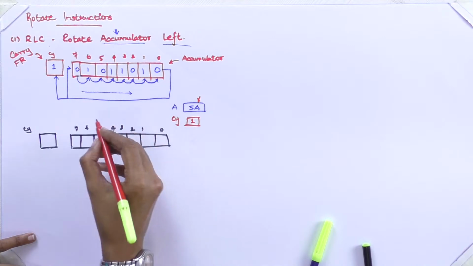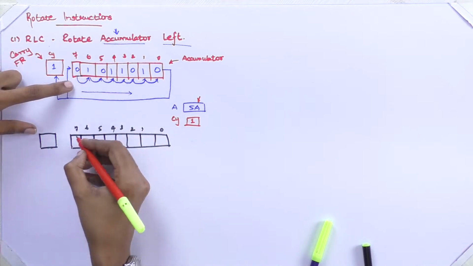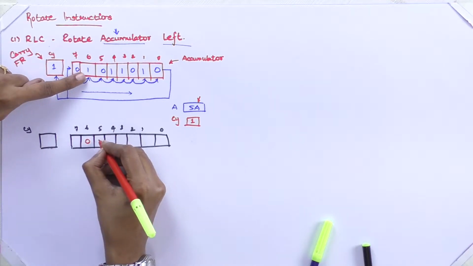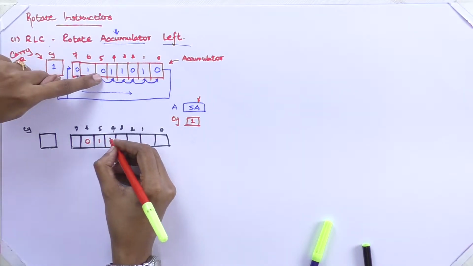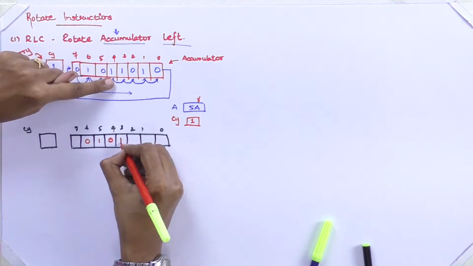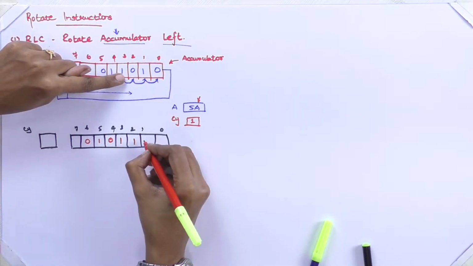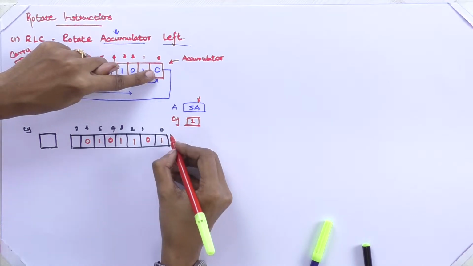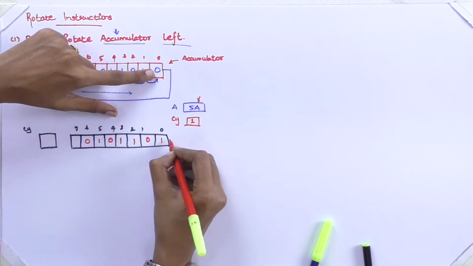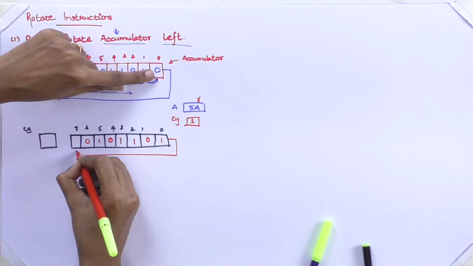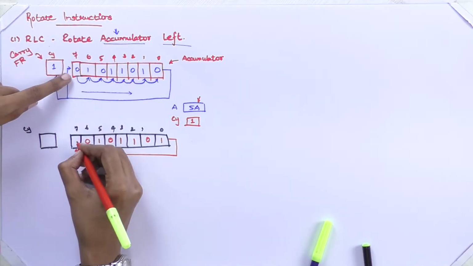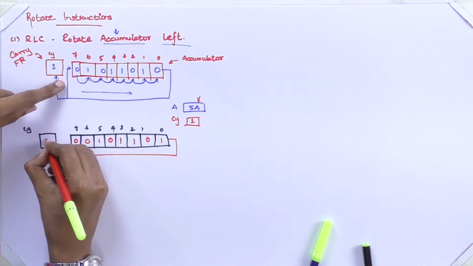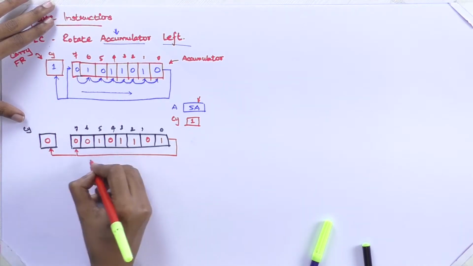After executing, what will happen? The value 0 here will be shifted to 6th bit. This one will be shifted to 5th bit. This value shifted to 4, this to 3, this to 2, this to 1, and this to 0, and the 0th bit is now given to the 7th bit, that is 0 will be shifted here, as well as given to carry. So now what's the value?